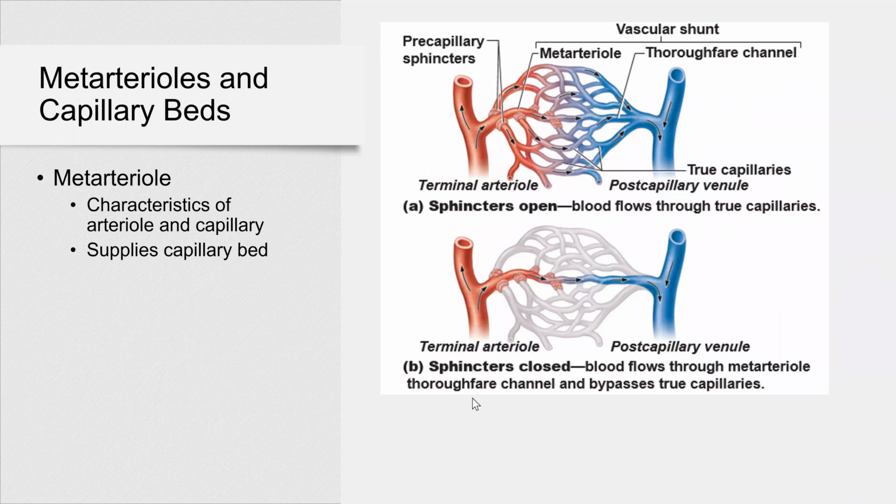Okay, so capillary beds and metarterioles, we mentioned it a little bit, right? So for example, if you have over here a terminal arteriole, right? And then we have precapillary sphincters, right? So those are the sphincters.